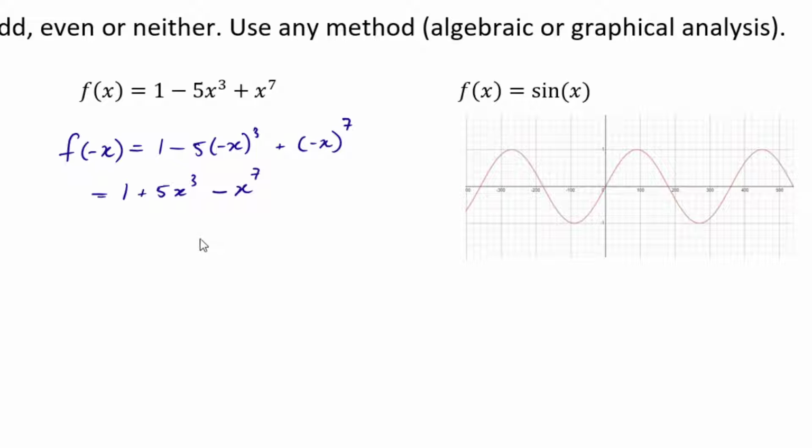However, we can see immediately that f of negative x is not equal to f of x, so it cannot be even. And it is also not equal to negative f of x, so it cannot be odd. So we say that f of x is neither odd nor even.